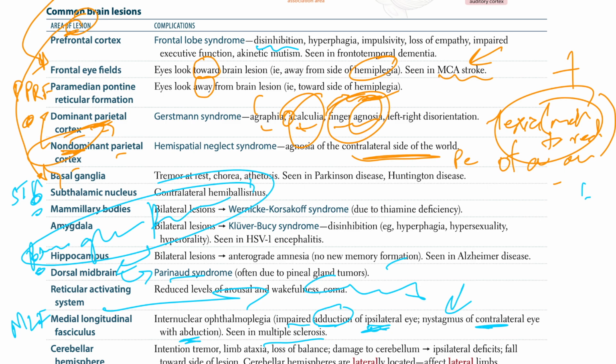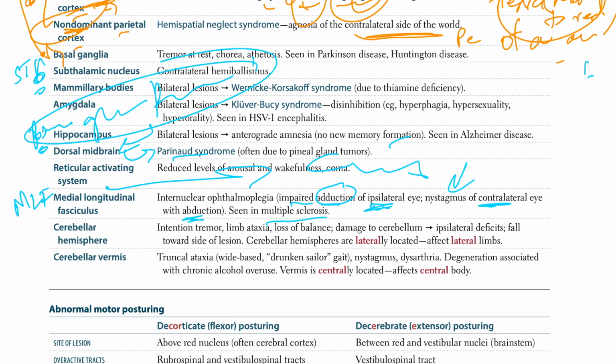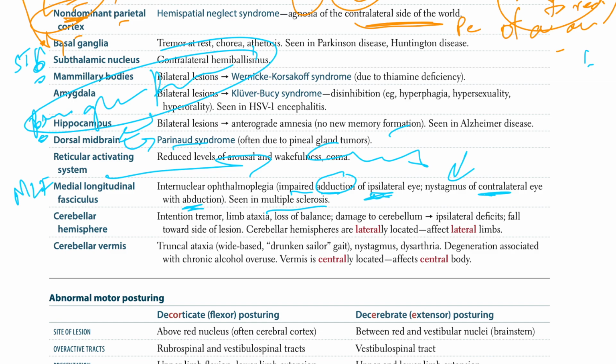Okay. Then you have cerebral hemispheres. A lesion in the cerebral hemispheres will give you intention tremor. My bad, not cerebral, cerebellar hemispheres. Okay, intention tremor, limb ataxia. If you recall, we talked about hemispheres on the sides and the vermis being the middle part of this whole cerebellum, right?